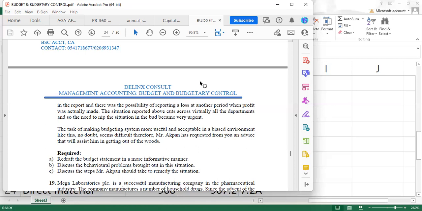What other issue do you think will be appropriate over there? What other thing do you think people will be doing because of this particular issue? I've mentioned one, demotivation.